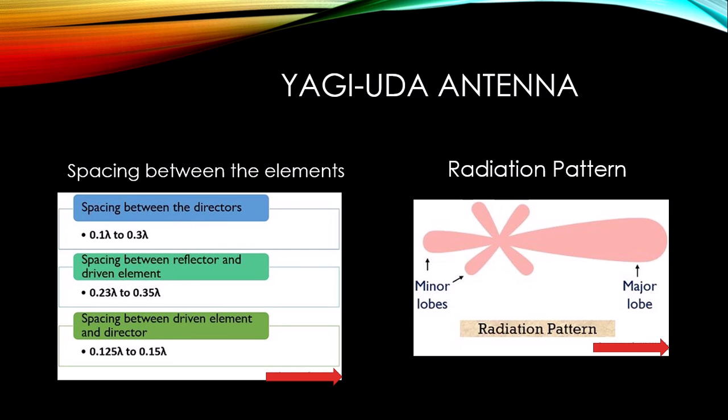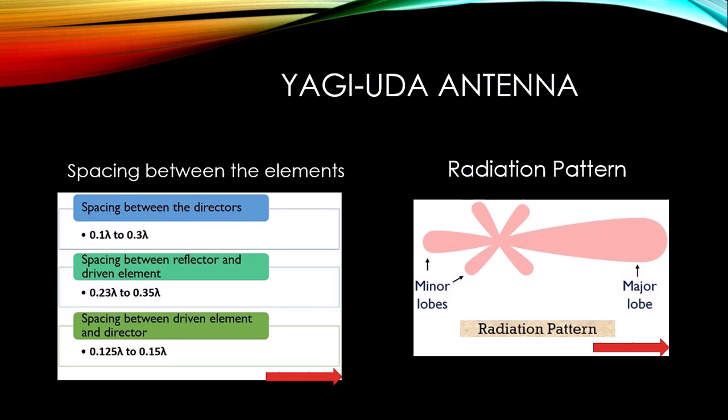Fourth, the Yagi-Uda antenna shows suitability towards high frequency operations. Then fifth, it is light in weight and the feeding mechanism is also simple. Sixth, it is power efficient. And seventh, along with all the above defined advantages, it also offers ease of construction and handling.